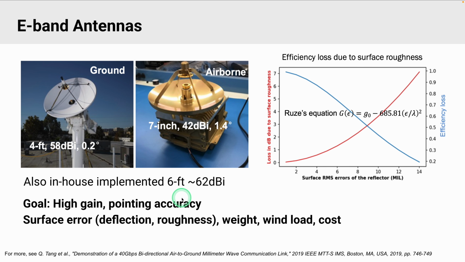In general, Cassegrain parabolic dish antennas are easy to design and manufacture, and we implemented a 6-feet E-band antenna with 62 dBi antenna gain. As the aperture size goes up, one needs to pay attention to the surface error, including the surface deflection and roughness.